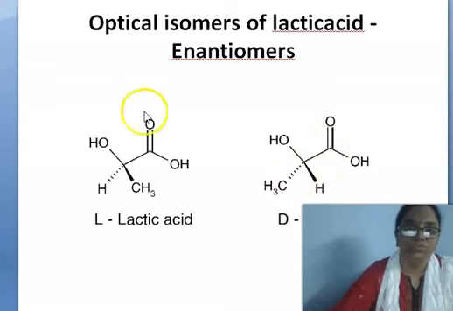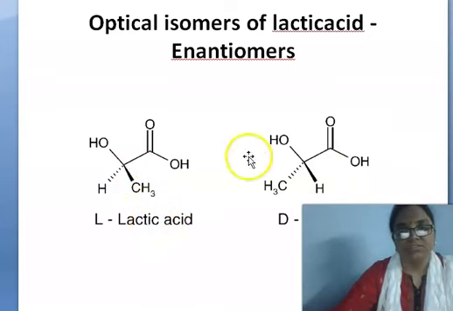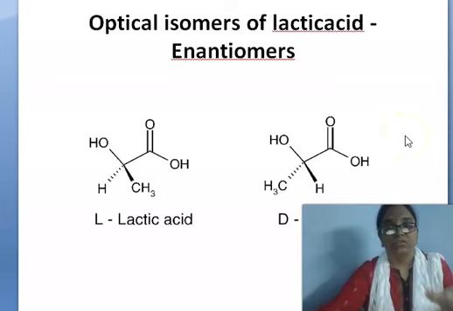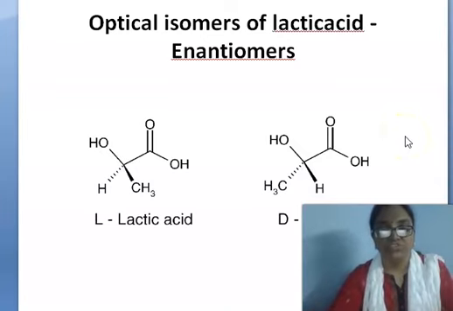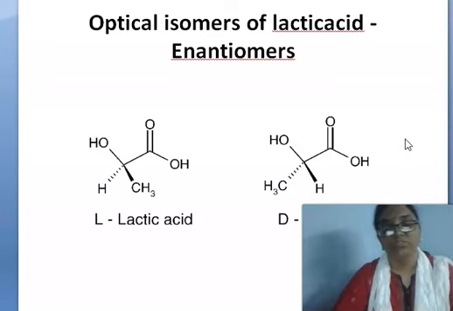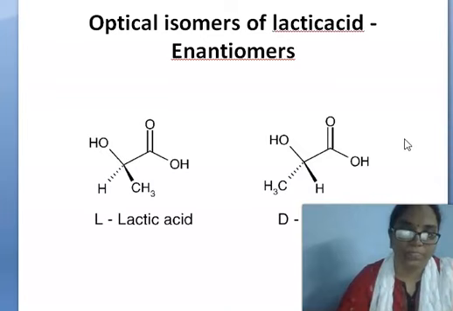So 4 different groups are attached to this carbon, so it has a chiral center. These are the enantiomers. They have a mirror image relationship, but they are not superimposable. This is another condition for a molecule to be optically active.